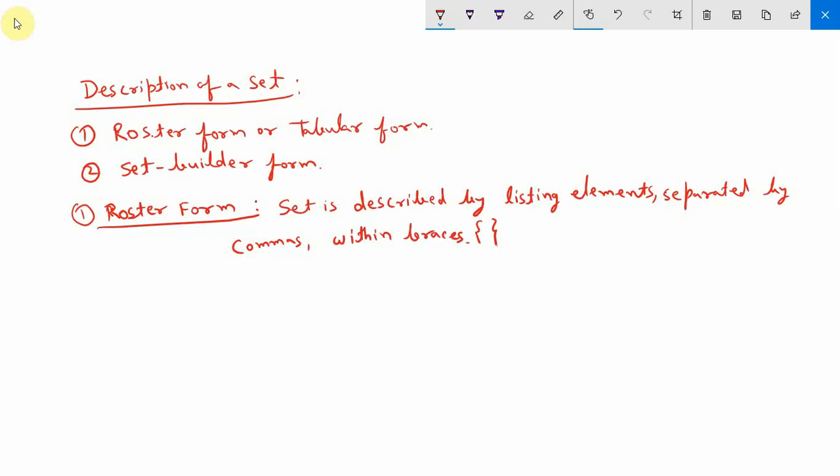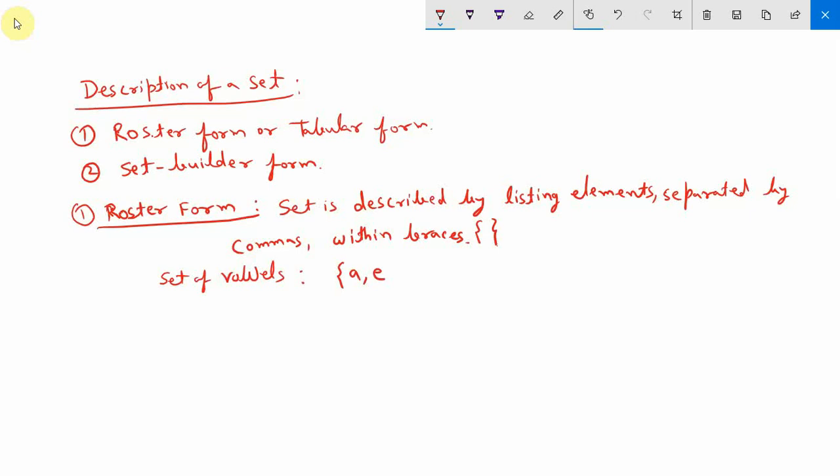As an example, if we say set of vowels of English alphabet, so this can be denoted as set of vowels. If we write set of vowels, what will be our set?